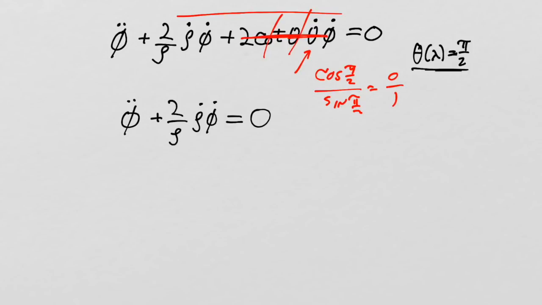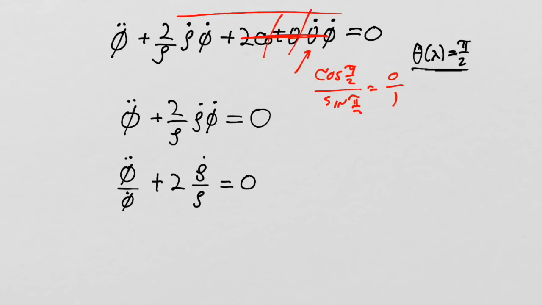We'll take this equation and divide both sides by phi dot. So we'll get phi double dot over phi dot plus 2 times rho dot over rho equals 0.